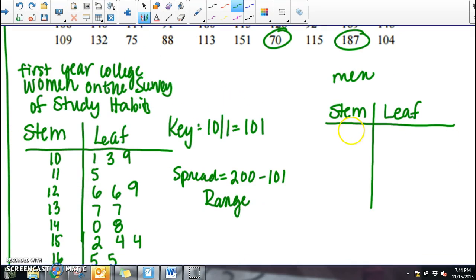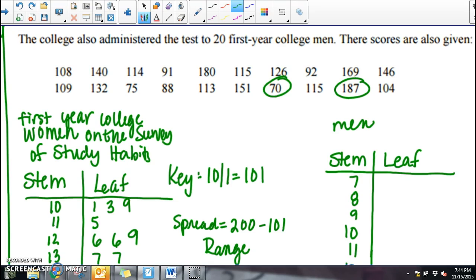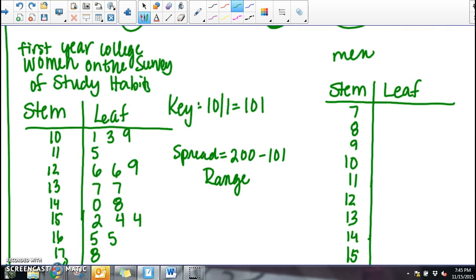So we would do the same thing, but this time we would do stems 7, 8, 9, 10, 11, 12, 13, 14, 15, 16, and 17. So we have a 70 and a 75.